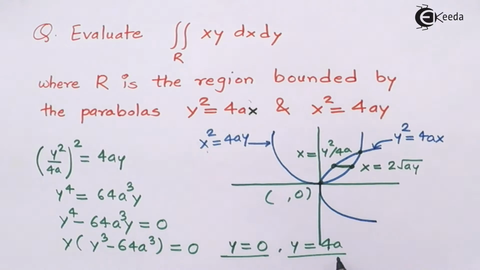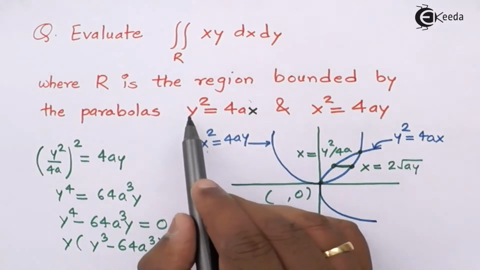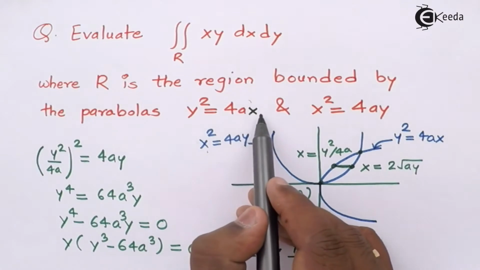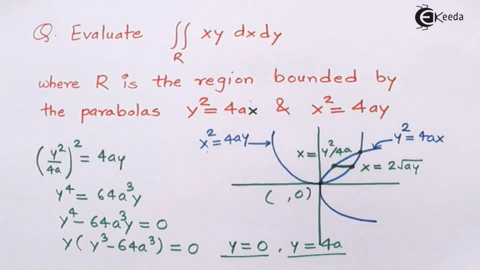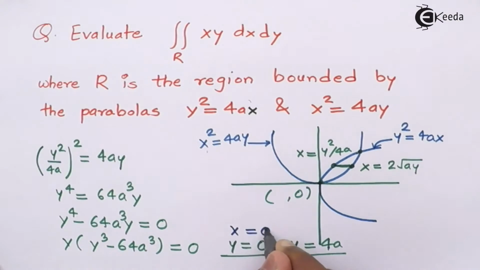So if y is 4a, let's find the value of x. So I'll put this value of y in any of the curves. If I put that value of y over here, we'll get 0 equal to 4ax. So 4a will go here and x will be 0. So here I'll write, for y equal to 0, x is equal to 0.